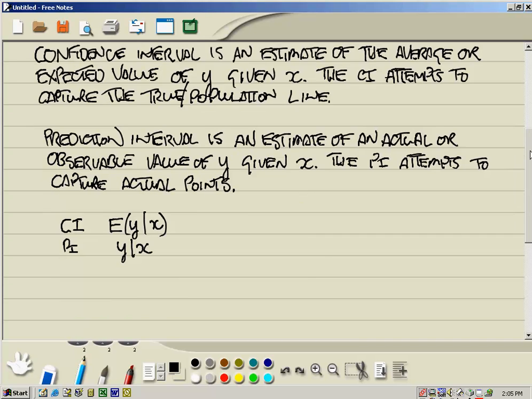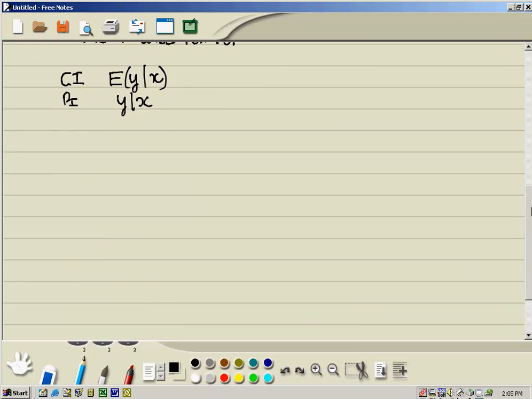Alright, now let's write out the formulas. For both formulas, and we've written it down before, we'll need the point estimate. We get that by substituting the value of x into the estimated regression.